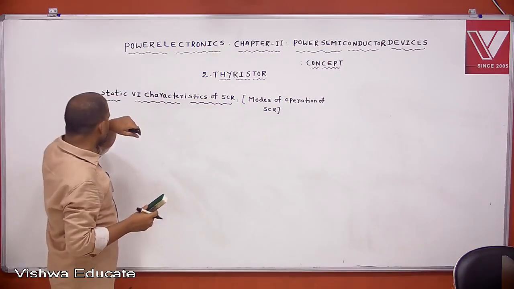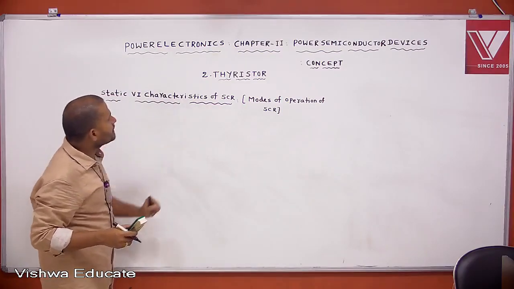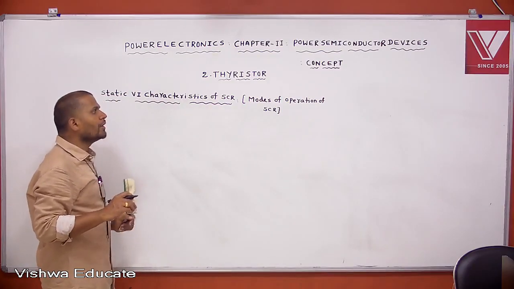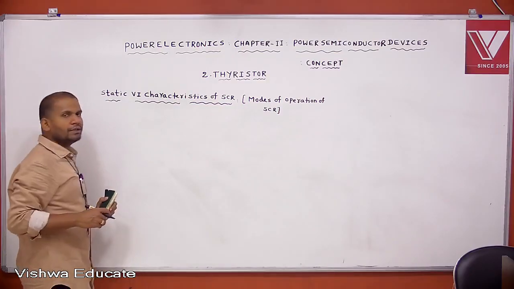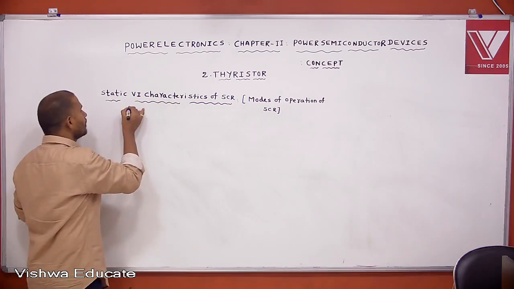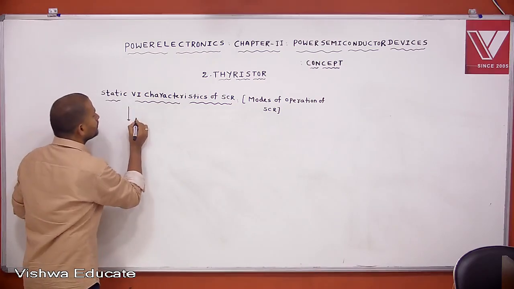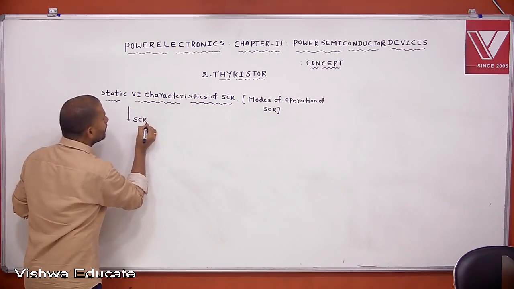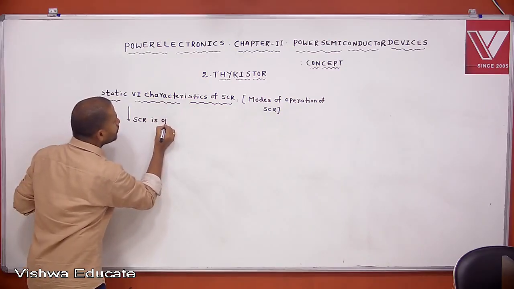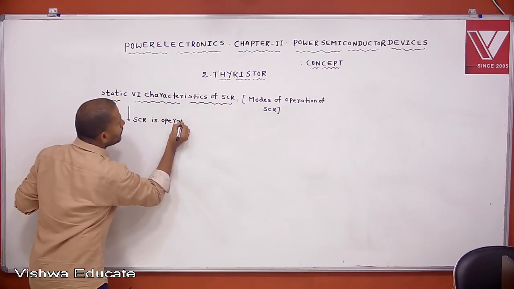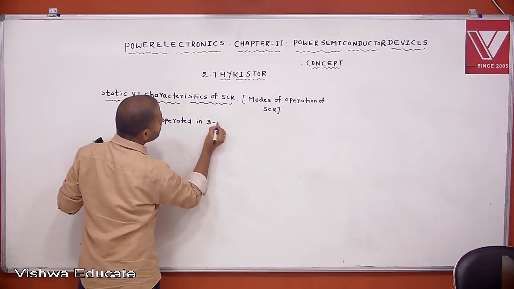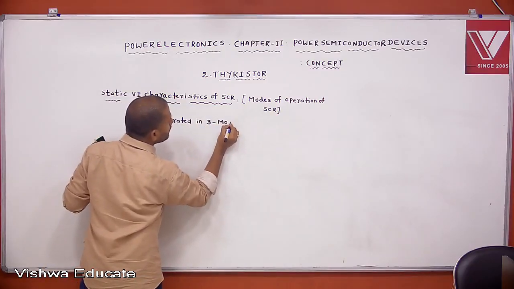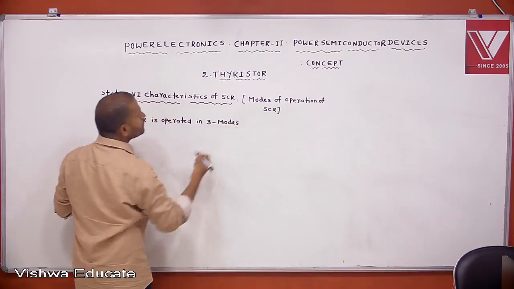That means the static VI characteristics of SCR is drawn by using modes of operation. SCR is operated in three modes.